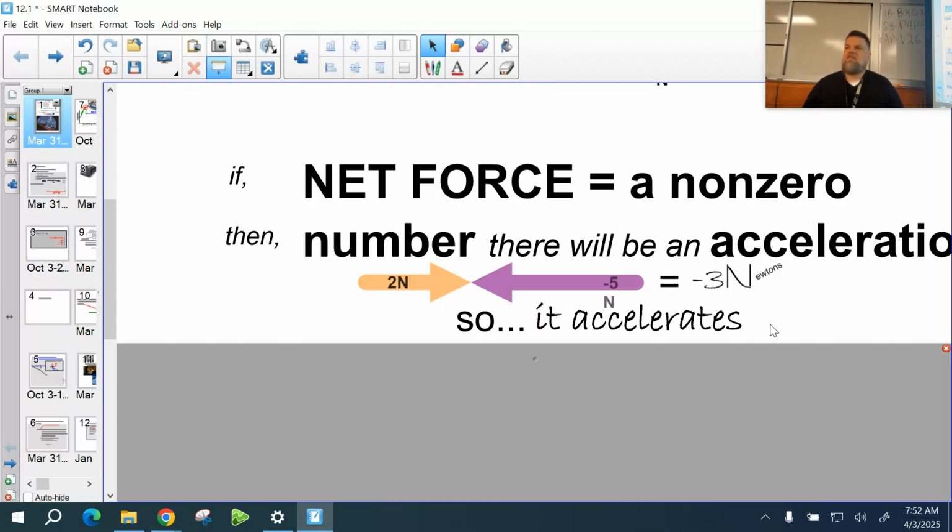And that's just negative 5 plus 2. So it accelerates, but it accelerates in the negative direction. So that's going to be a little confusing for some people. Usually they associate negative acceleration with deceleration, but that's not always the case.